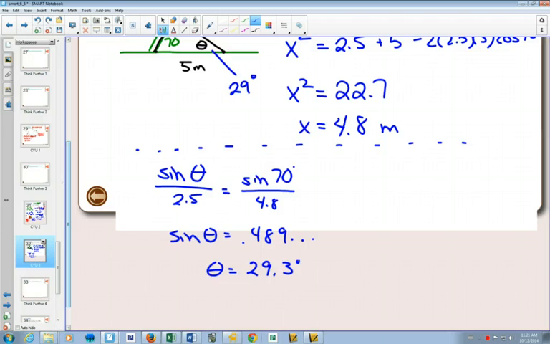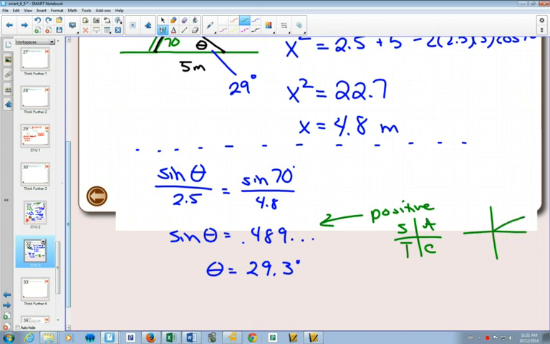But at this point, if we think back to 6.2, sine is positive, which technically, according to the CAST rule, could mean quadrant 1 or quadrant 2. And this 29.3 would be the reference angle. So in quadrant 1, it would be 29 degrees if we round to the nearest degree.